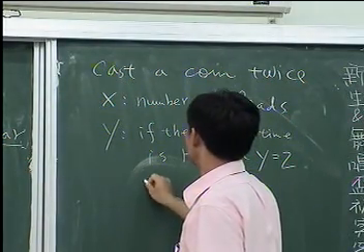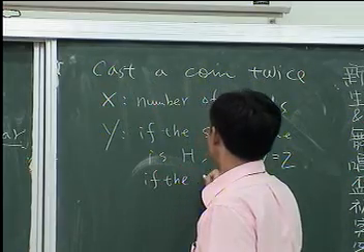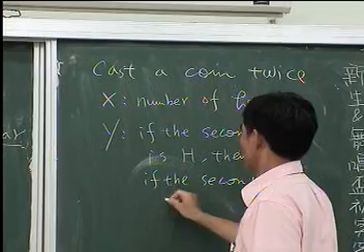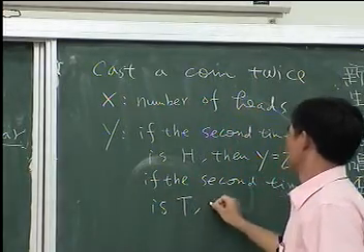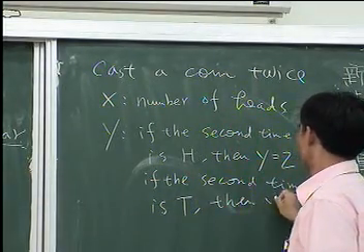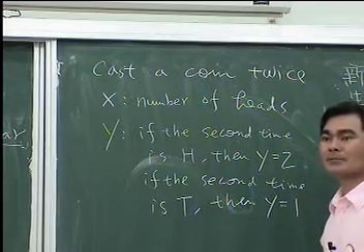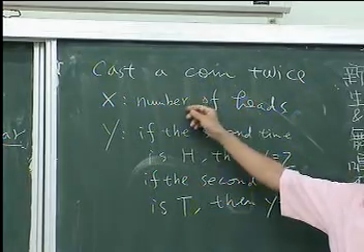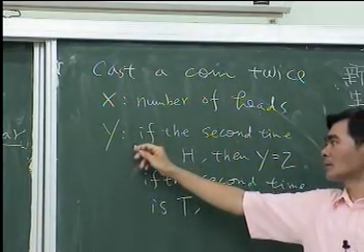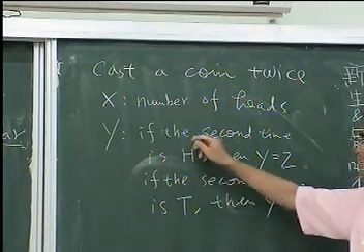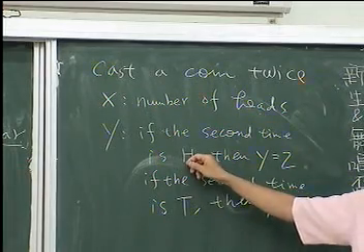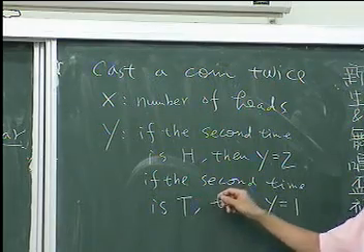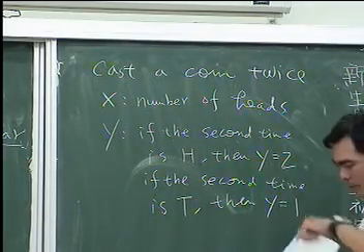The same thing if the second time is tail, then Y is equal to 1. So we have two random variables. One is X, the number of heads. The second one is Y. If the second time you see head, then Y is equal to 2. If the second time you see tail, then Y is equal to 1. So this is very clear.